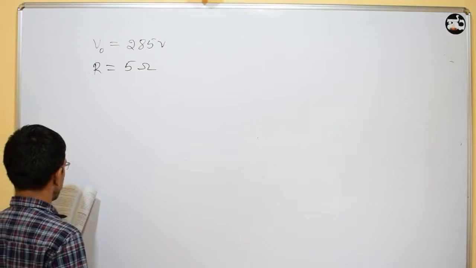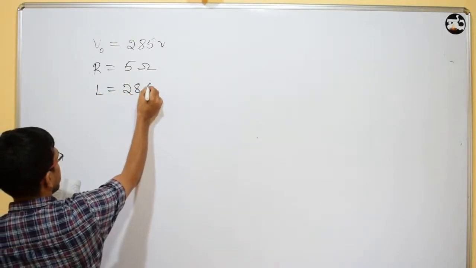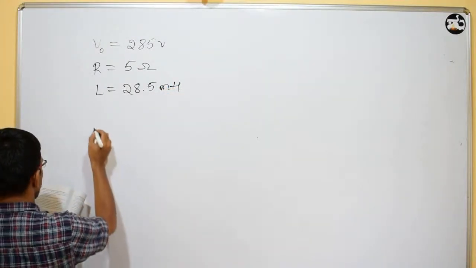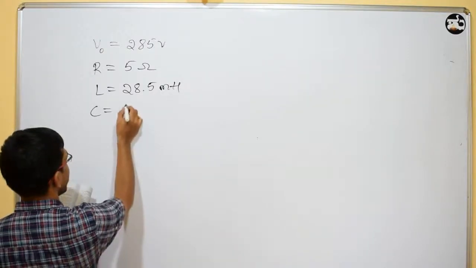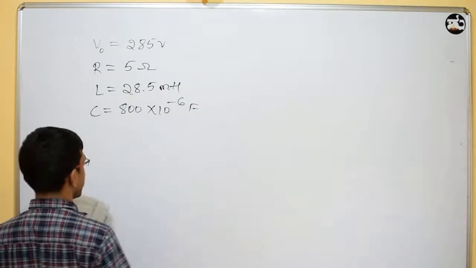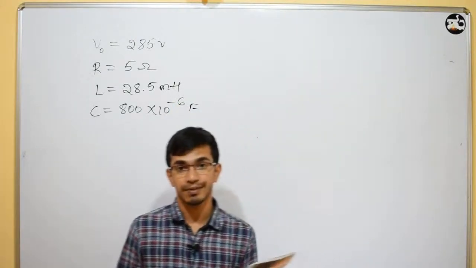The inductor has inductance L equal to 28.5 millihenry, and the capacitance of the capacitor C is equal to 800 into 10 to the power of minus 6 farad. So find out the resonant frequency.